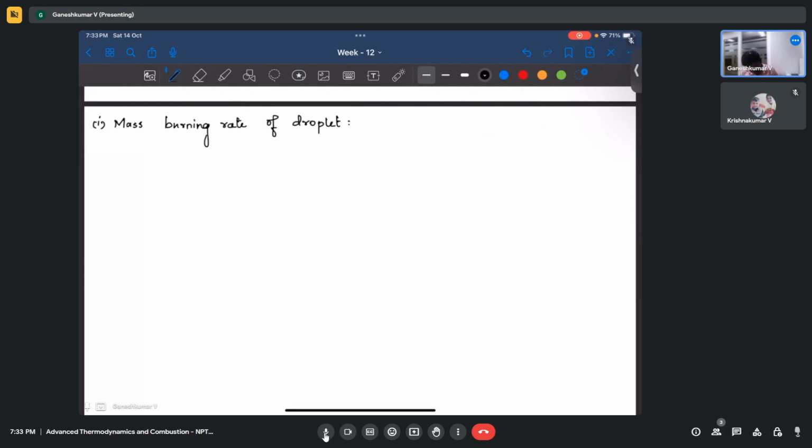There are a few assumptions in order to apply this equation. Please make sure you know that.